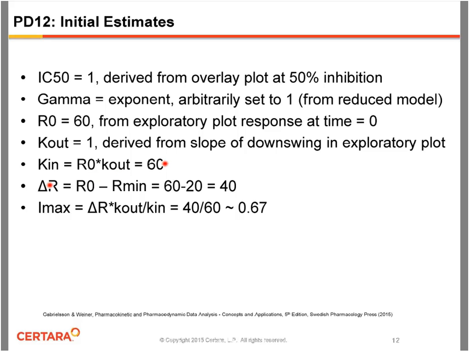And then our delta R is the R0 minus R min from the exploratory plot. 60 minus 20 equals 40. And we can use this delta R to get an initial estimate for Imax. So initial estimate for Imax is delta R times K out divided by Kn, which is approximately 0.67. So these are the values we will put in the initial estimates for the run, and then the model will refine those estimates during the fitting process to get final estimates.